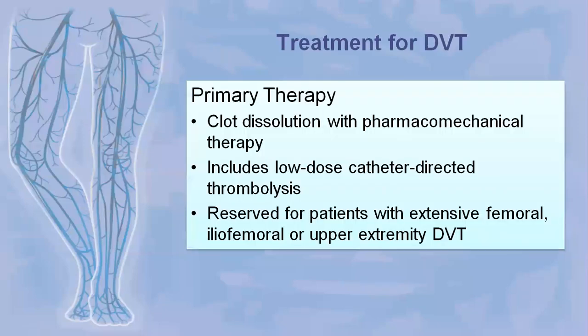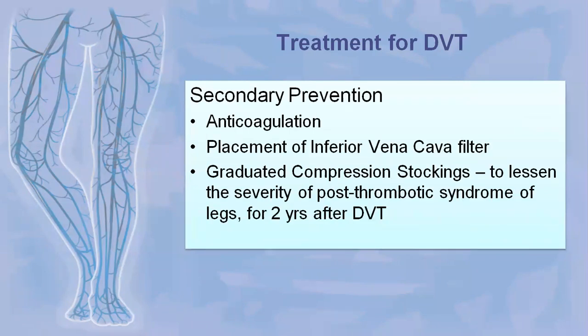So after diagnosis, we treat. The primary therapy for deep vein thrombosis is clot dissolution with pharmacomechanical therapy. It includes low-dose catheter-directed thrombolysis. This therapy is reserved for patients with extensive femoral, iliofemoral, or upper extremity DVT.